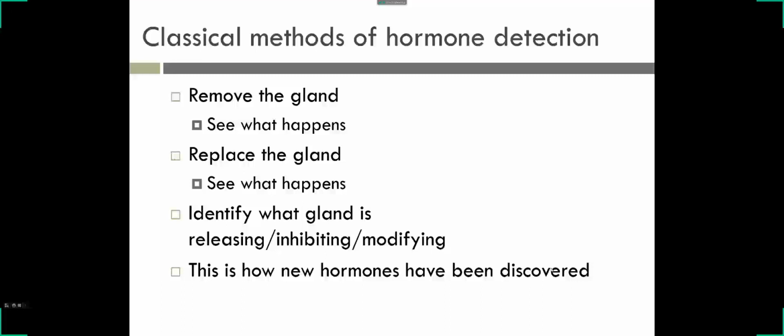And then he replaced the gonads and switched them around and measured what happens. And then eventually someone isolated the gland and identified what was being released and modified. In that case, it was a sex hormone. And this is classically how new hormones have been discovered. Okay, so very crude biochemistry has been used over the years.